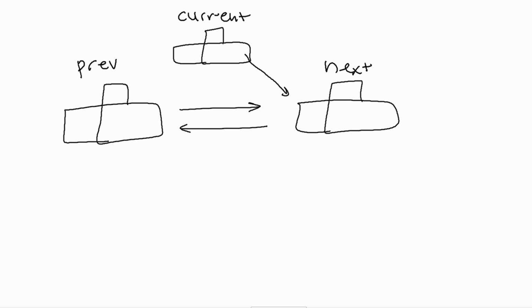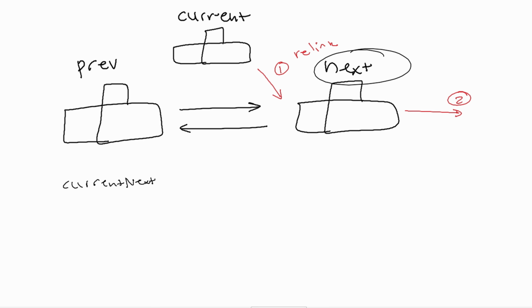What we're going to do is say current. What we need to do is insert this inside of here, and then we are just going to move our next over, and then we are going to relink. So first we are actually going to move our next over. We are going to do current next, so that is going to be this value right here.